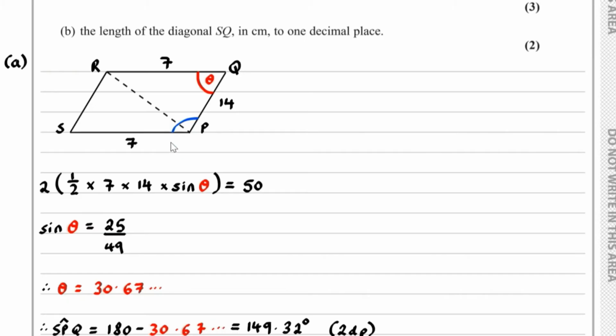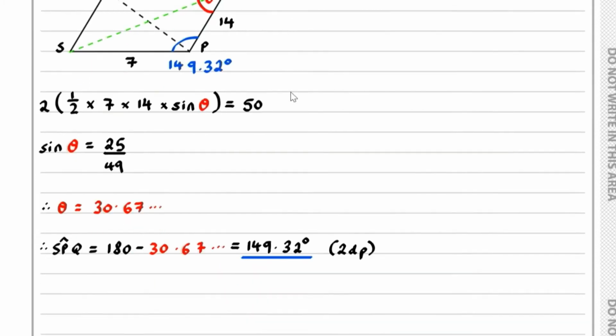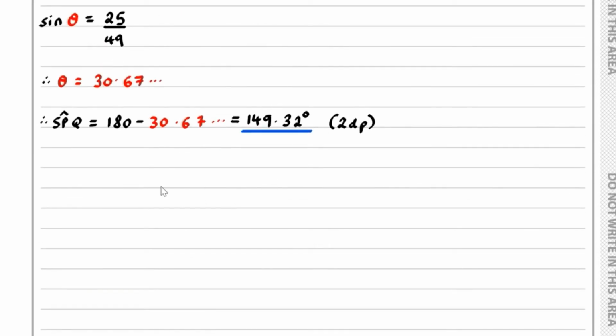So this angle is 149.32 degrees, given to 2 decimal places. And what we need to find is this length SQ, and we can do that using the cosine rule.